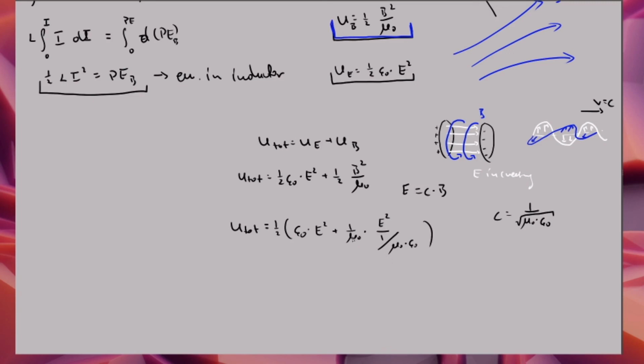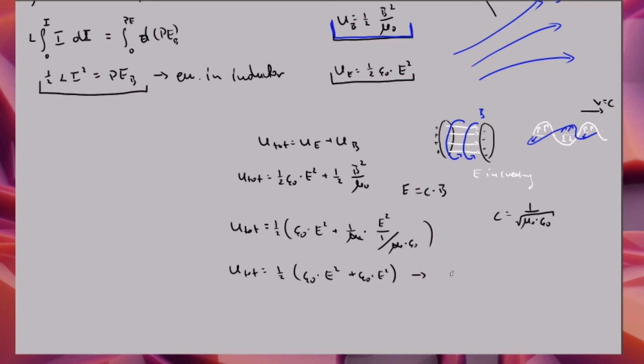And so in that case, what I can see here is that this nicely cancels out and the other thing comes back up. So then the total energy density would be half epsilon naught times the magnitude of the electric field squared, plus epsilon naught times E squared.